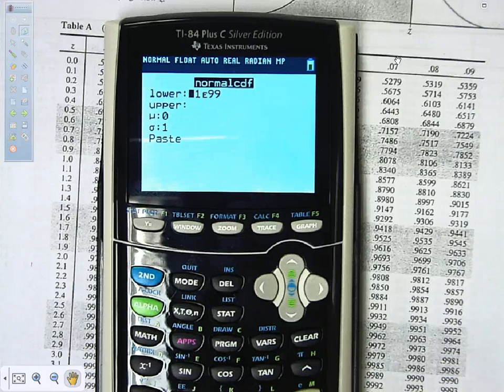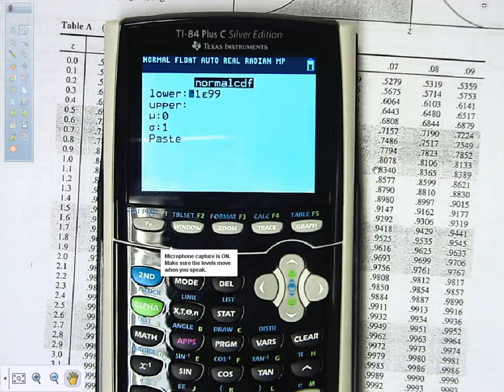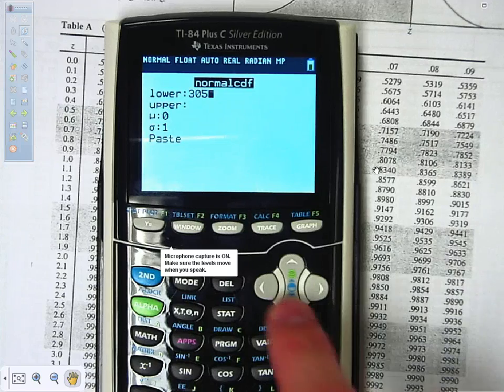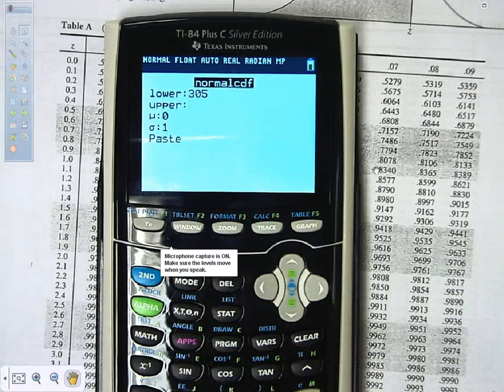What it's waiting for is for you to put in the lower bound, right? And this is where shading your curve comes in handy also. Your lower bound means where's the lower part of your area here. So in the Tiger Woods problem here, the lower bound of our shaded area is 305 yards. The upper bound is where it cuts off, where it stops, 325 yards.